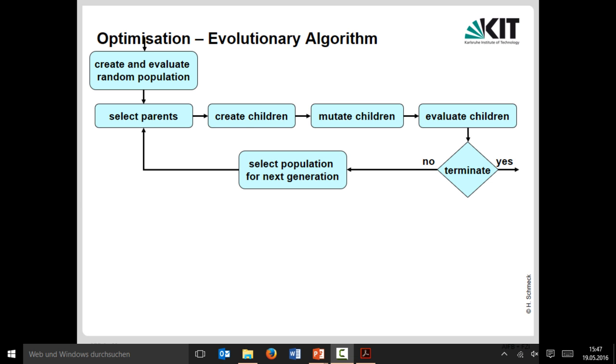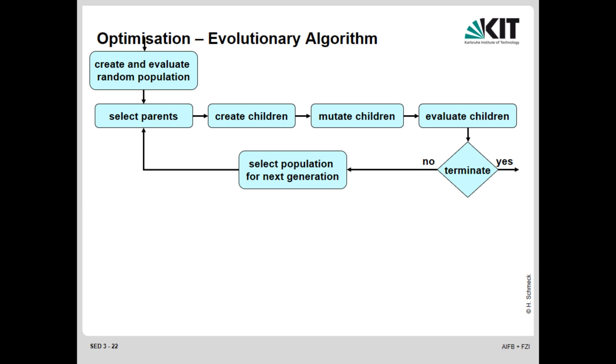So what do we do with evolutionary algorithms? We have a certain problem that we would like to solve. The problem is, for example, filling an area with certain rectangles, for example, with certain tiles.